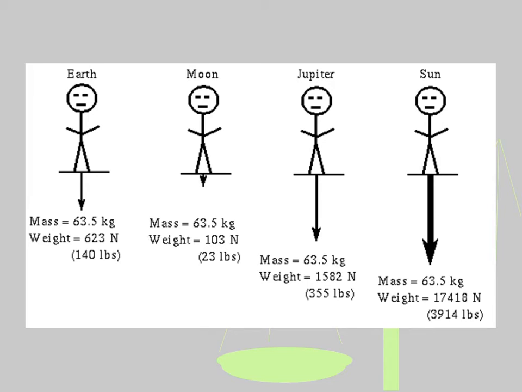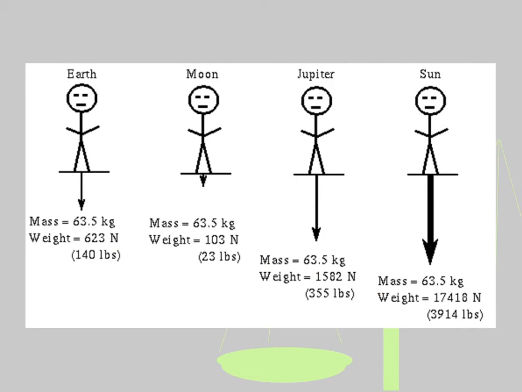Now, one thing you will notice, we don't use pounds when we measure mass. That's weight. And the biggest difference between mass and weight is that weight depends on gravity. That's the reason why, if you were on Earth versus the moon versus Jupiter versus the sun, your mass may remain 63.5 kilograms at every single one of these planets or orbits, but because of gravity, your weight will actually change.